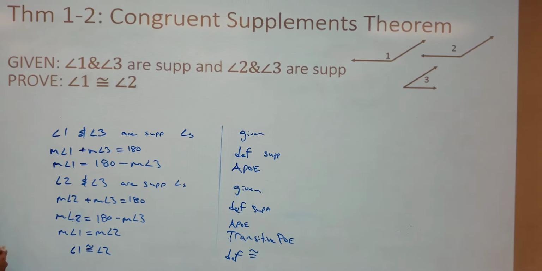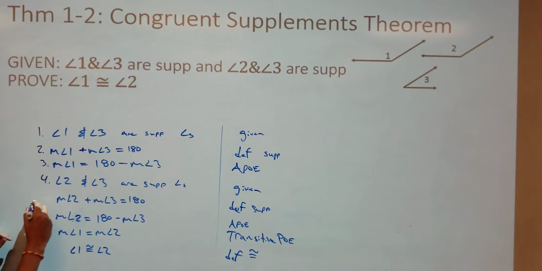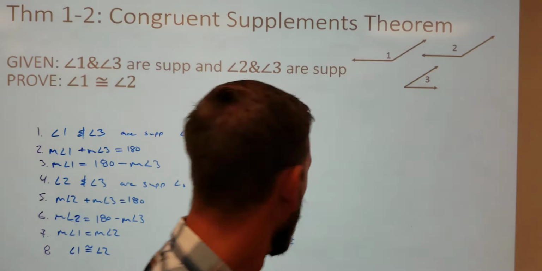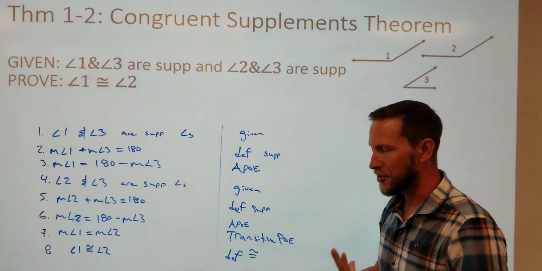We're also given that angles 2 and 3 are supplementary angles. That's given information. But we do the same exact line of thinking to show that angles 1 and 2 are congruent to each other. Can you see that logic?